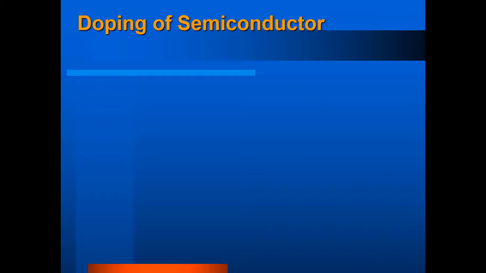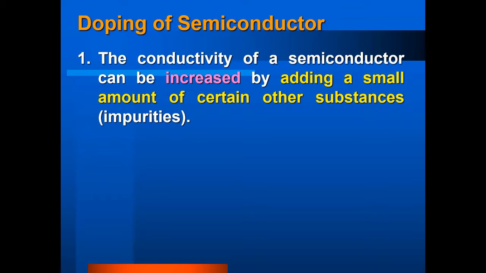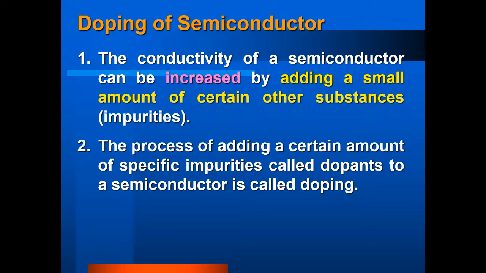Then we look at the meaning of doping of semiconductor. The conductivity of a semiconductor can be increased by adding a small amount of certain other substances, or we call it impurity. The process of adding a certain amount of impurity to a semiconductor is called doping.